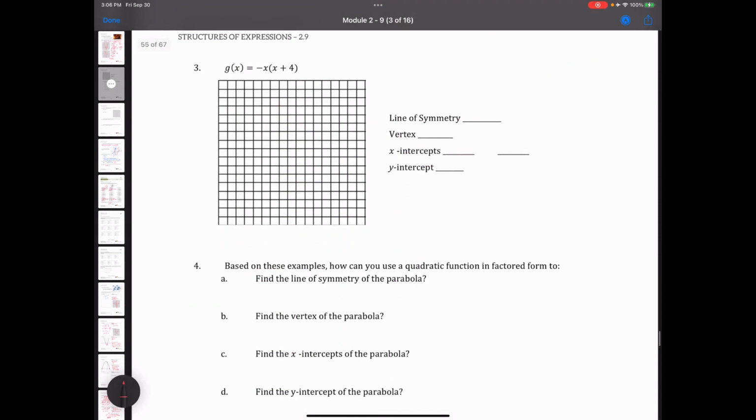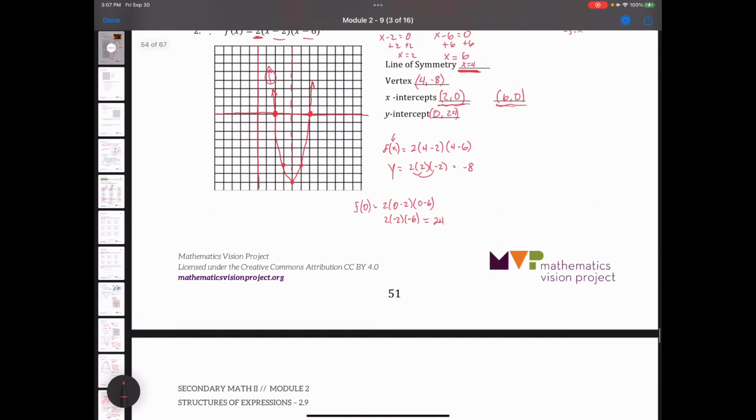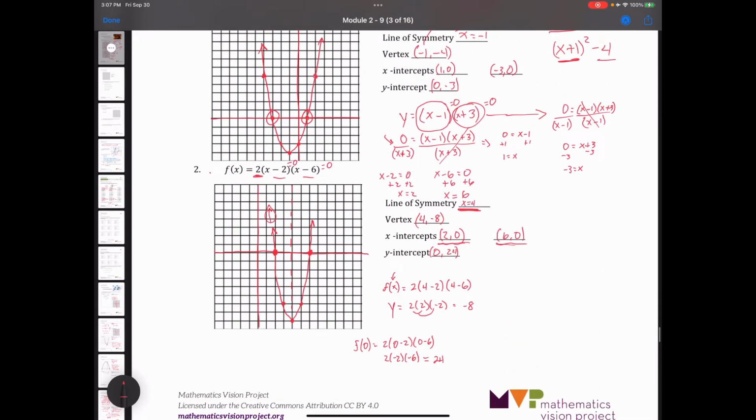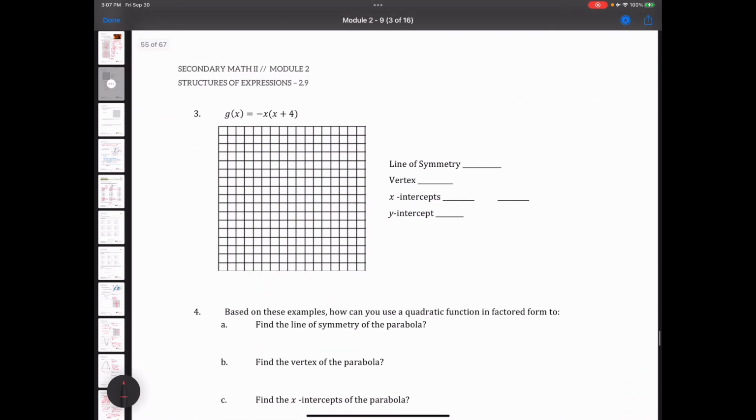All right, for this next one, I would like for you guys to try this one on your own. Remember that kind of logical piece that I had up here where you divide each side by one of the terms, and then you have 0 equals the other term. I want you guys to try that one on your own.